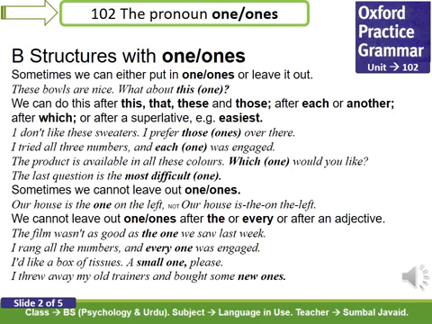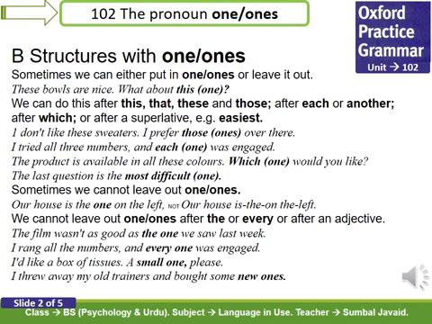These bowls are nice. What about this one? We can use one here, and we can even skip this word one. Suppose we say, these bowls are nice, what about this? Here, if we do not use one, the meaning is still very clear to us. It is not necessary in this structure to use one.